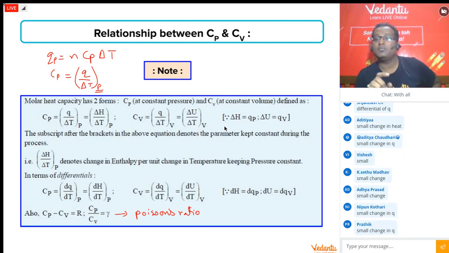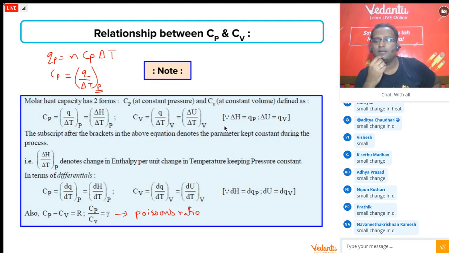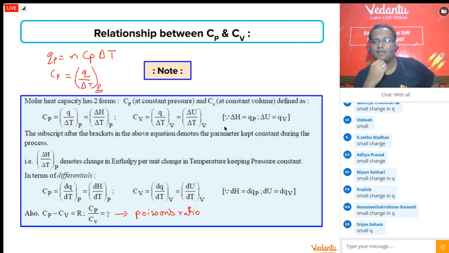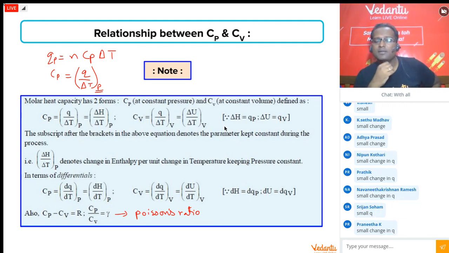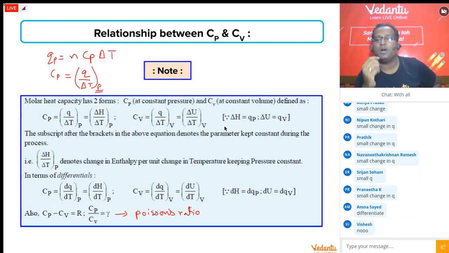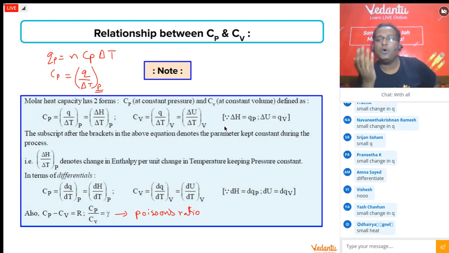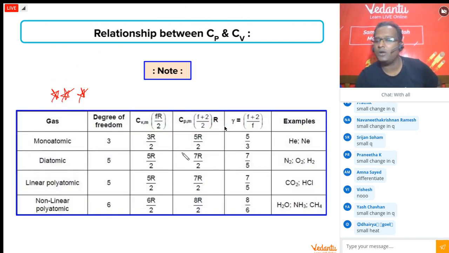Small change. Small change in heat. Not found since morning. It means small heat itself, not small change in heat. We don't define change in heat. It's a path function. Like dw does not mean small change in work, it means small work. So dq means small heat, not small change in heat. If I said it, I must have said it by mistake. It means small heat, not small change in heat.